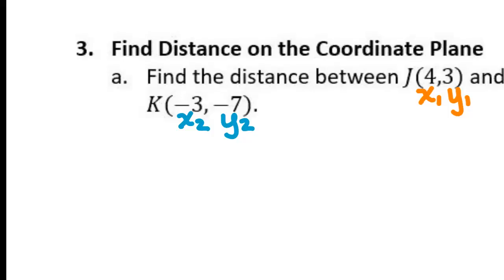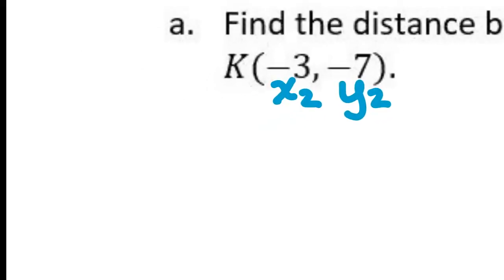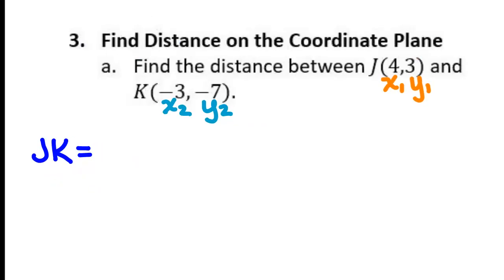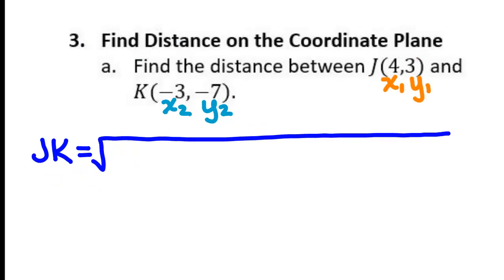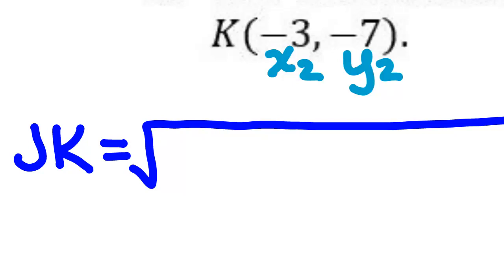Now the distance from J to K we represent by writing JK with nothing over the top of it. So I have JK equals, and then a big long square root sign like this. Underneath the square root, we open up a set of parentheses. And inside the first set of parentheses, we are going to subtract the x's.